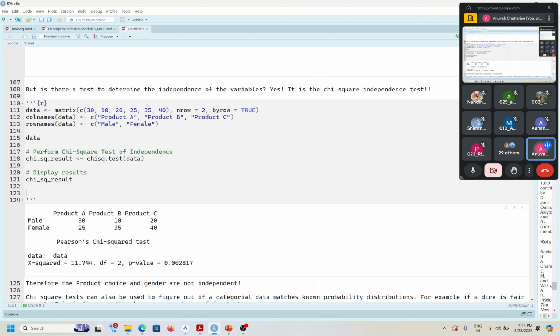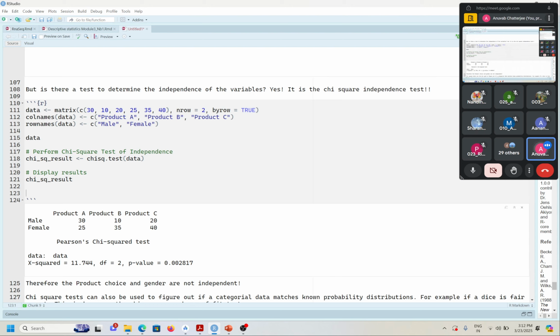So that is why we ran the chi-square independence test. Do men and women prefer buying one product over the other? So is there a dependence between the categorical variable and the continuous variable?